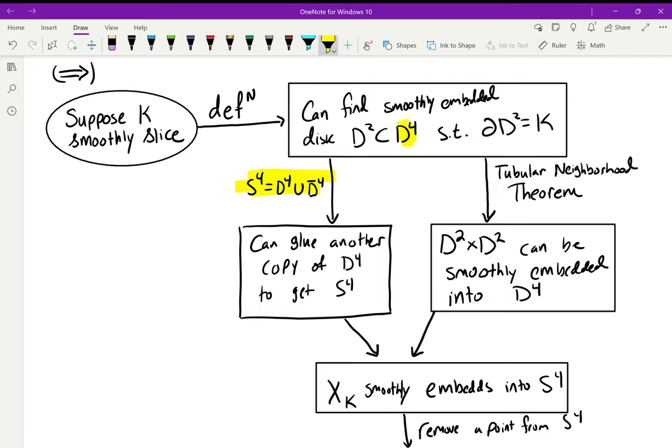And the other thing is that by the tubular neighborhood theorem, we can cross with D2, this D2 in question. We can thicken it smoothly in 4 dimensions. So we can find D2 cross D2, our 2-handle, in the space that can be smoothly embedded into D4 by the tubular neighborhood theorem.